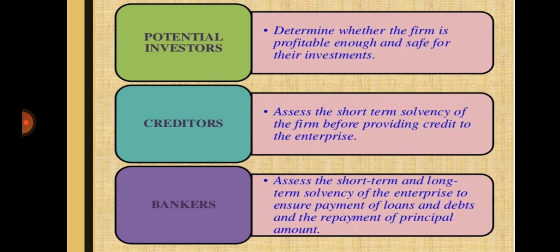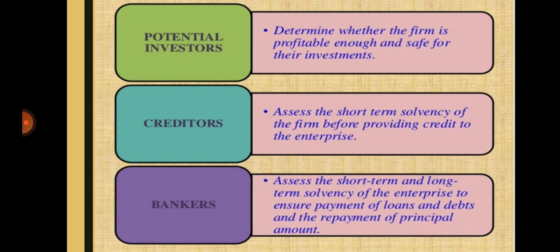Financial institutions and bankers do the financial statement analysis to assess the short-term and long-term solvency of the enterprise to ensure payments of loans and debts and the repayment of the principal amount.